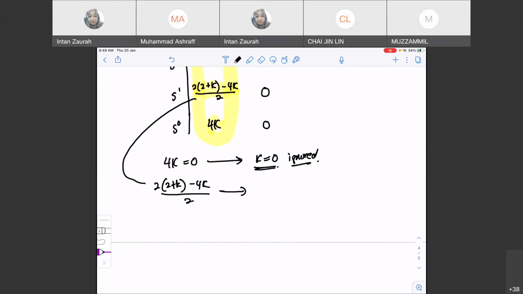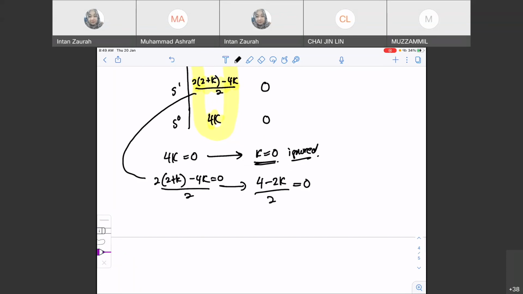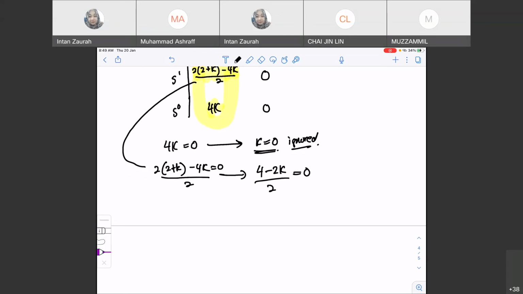That's minus 2k. So 4 minus 2k divided by 2 equals to 0. That's going to give me k equals to 2.